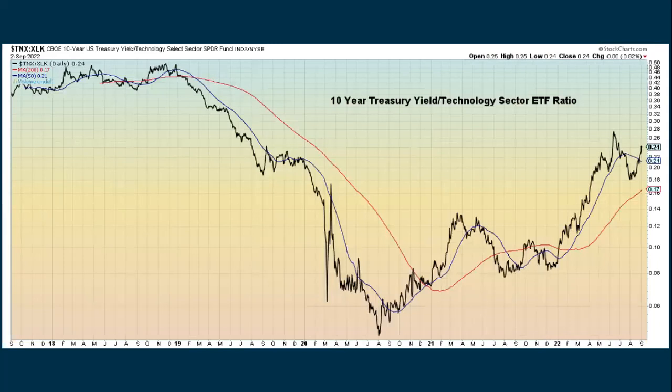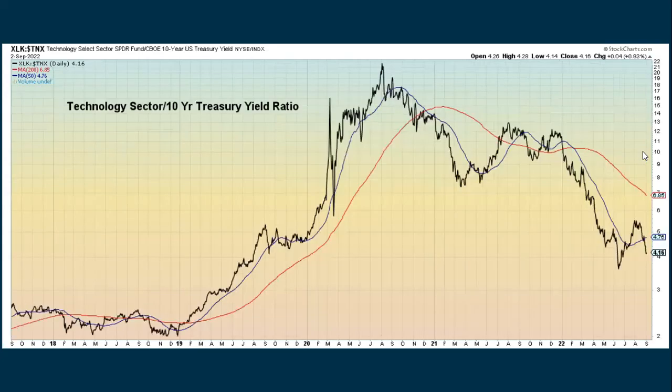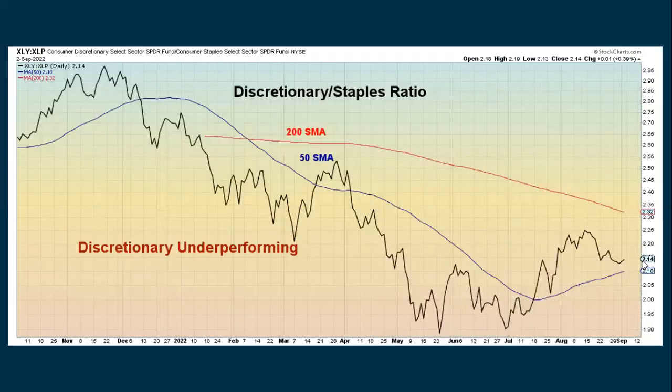The 10-year yield, which has been going up against the tech sector, which has been going down, it was starting to change, but then we had the big old speech that came out, and now things have really been turning back around here. And then this is an inverse of that same chart, showing how tech is really underperforming the rise in interest rates.